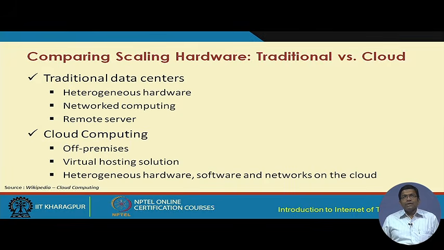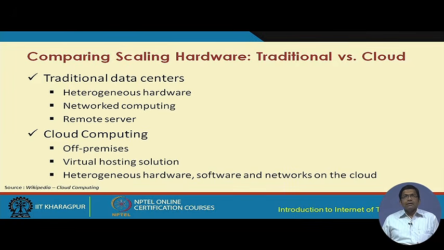With respect to hardware, the traditional data centers used heterogeneous hardware, different types of hardware purchased through different means, with different groups purchasing and so on, along with network computing and remote servers. Typically, through this remote network environment, these heterogeneous hardware would get access to a server.